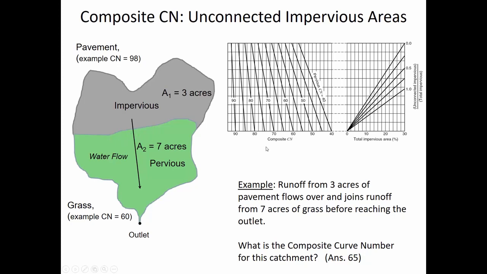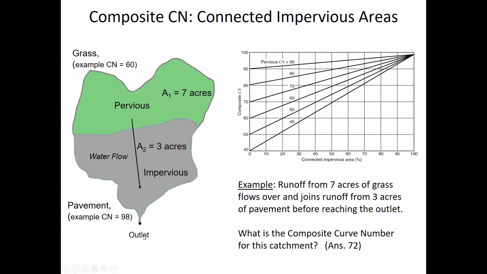So the way that we go through this is, first of all, we have to start with the ratio of unconnected to the total impervious. And so this impervious surface right now is completely unconnected to the outlet. It's not directly connected. Like it was here, it was directly connected.